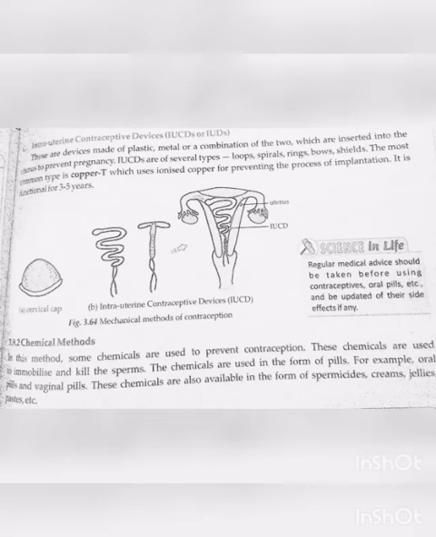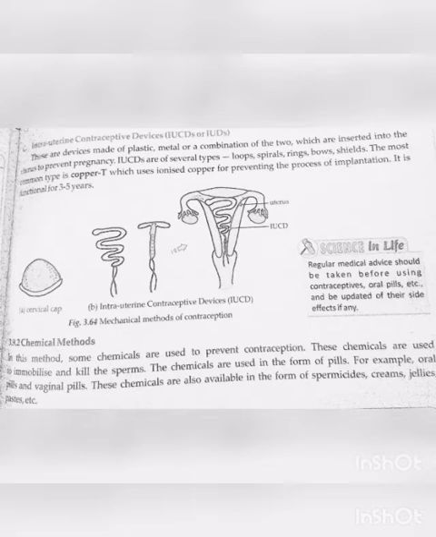Next, intrauterine contraceptive devices, that is IUCDs or IUDs. These are devices made of plastic, metal or a combination of the two, which are inserted into the uterus to prevent pregnancy.